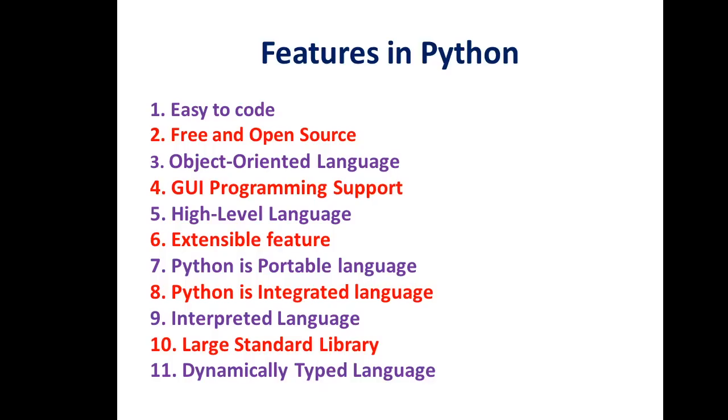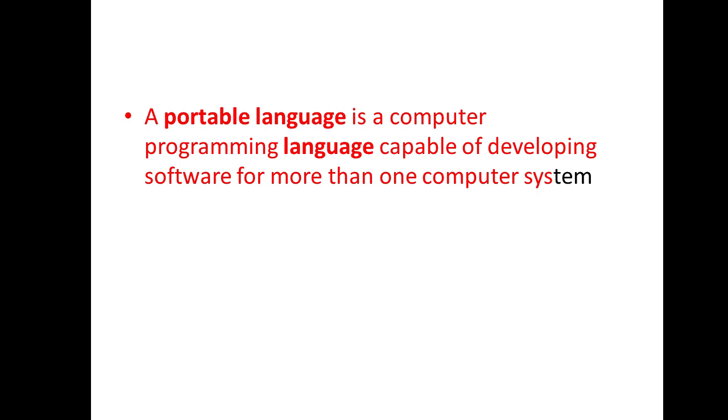Python is a portable language. That means we can create the Python code in one operating system and we can run this code on other platforms. Linux, Unix, Windows and Mac are the common Python platforms and we can run this code on any platform.